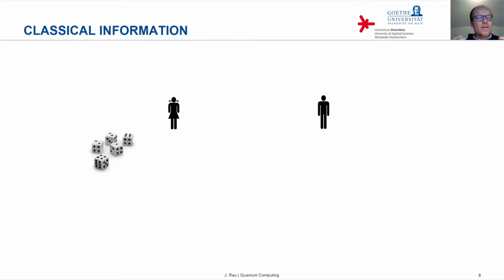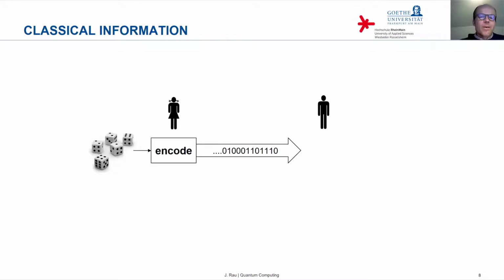Now the question is, what's the information content of that message? How can you quantify the information content of that message? The communication between Alice and Bob is restricted in the sense that Alice may only send bits to Bob.